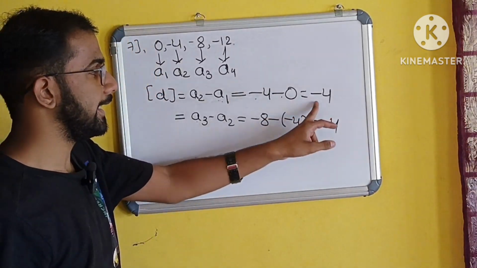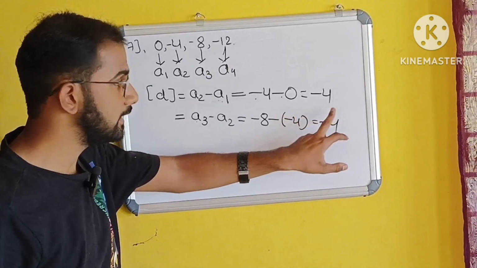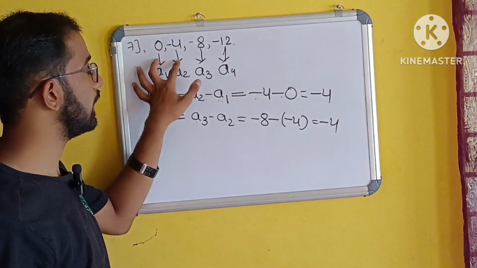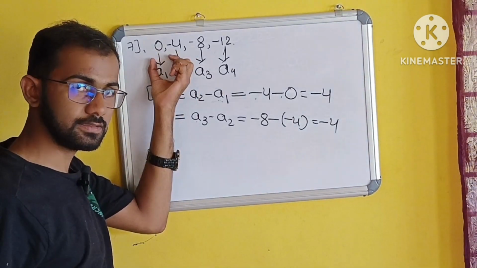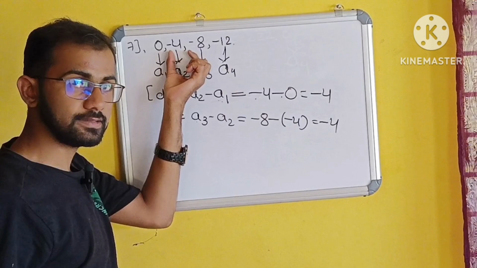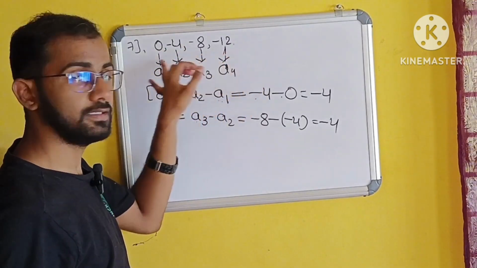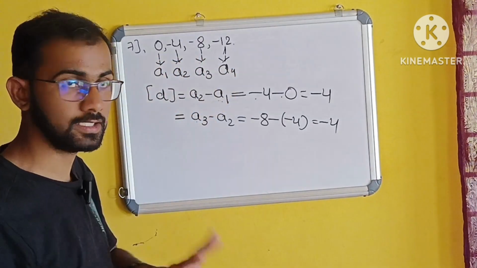See, we get these two differences. These two numbers are the same, so the common difference between these two pairs is the same. Hence we can say this sequence is in arithmetic progression.